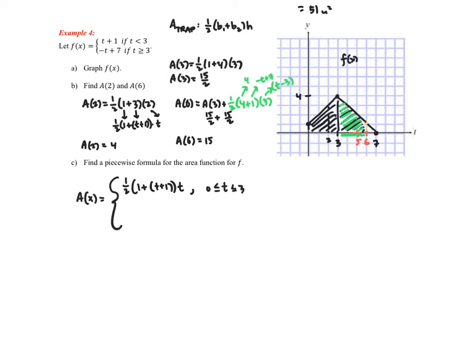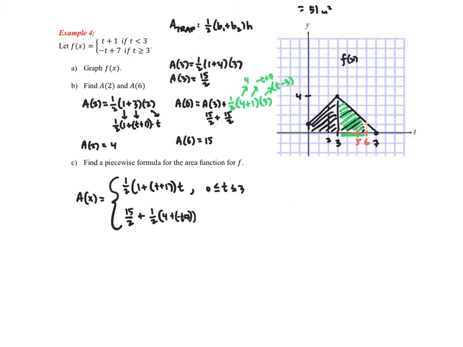On the second portion, of course, we would take A of 3, which is the area accumulated from 0 to 3, plus the trapezoid, 1/2 base 1 plus base 2. Base 1 will always be 4. That's f of 3. And base 2 will always be negative t plus 7. Whatever the t value is, that will help us to determine the second height.